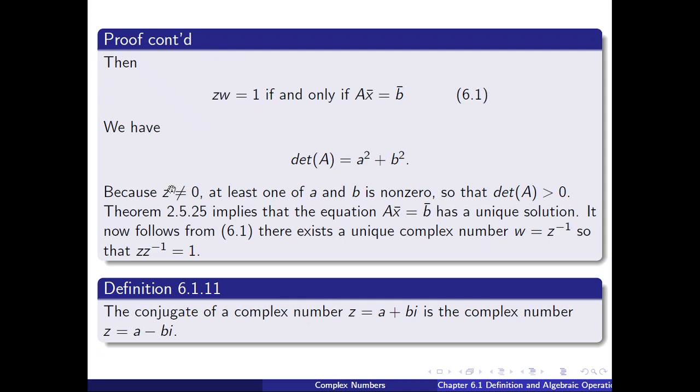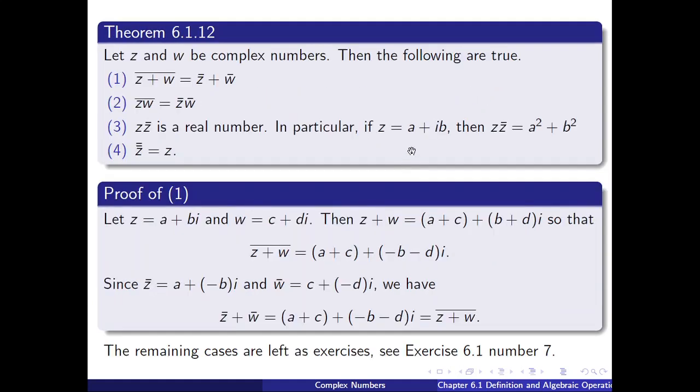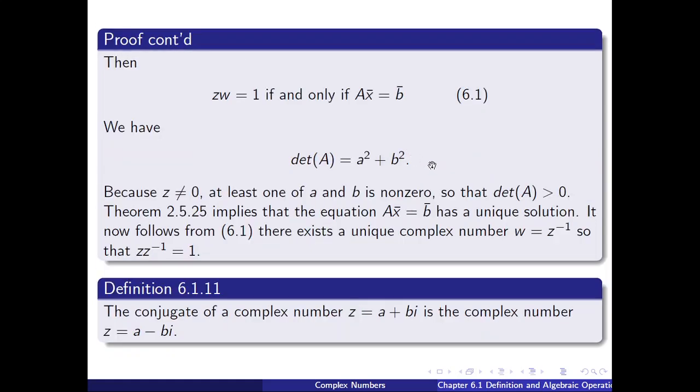And because we chose our z not to be equal to 0, it means that at least one of a and b is a non-zero real number. And because we are adding, we know that a squared plus b squared is going to be greater than or equal to 0, but we also know that one of these is non-zero, so therefore the determinant has to be greater than 0.